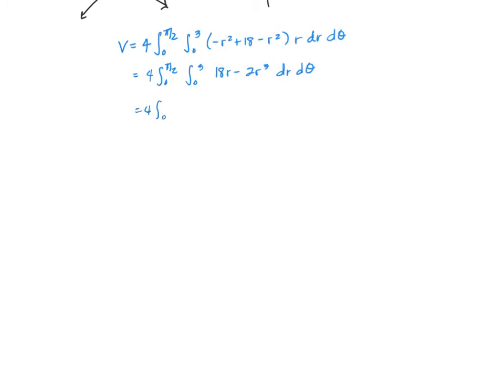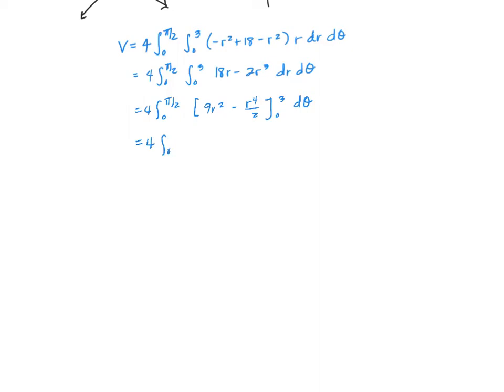So for the integral from 0 to pi over 2, 18 r squared over 2 becomes 9r squared, minus 2r to the 4th over 4 becomes r to the 4 over 2, and evaluating from 0 to 3 d theta.